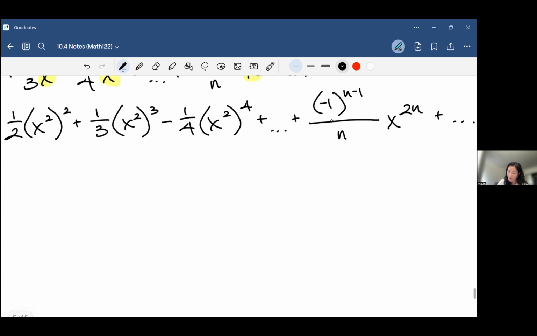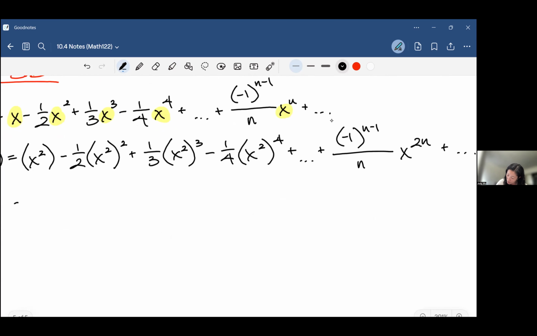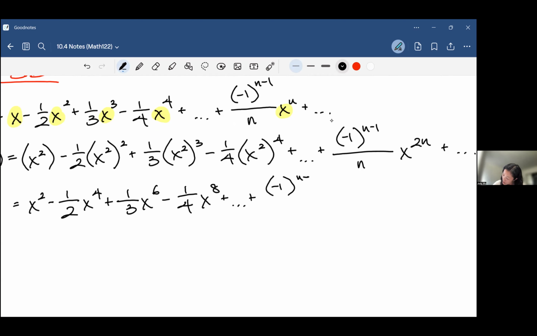Okay, well, let's clean this up a little bit, shall we? We get x squared minus 1/2 x to the 4th plus 1/3 x to the 6th minus 1/4 x to the 8th plus our general term x to the 2n.